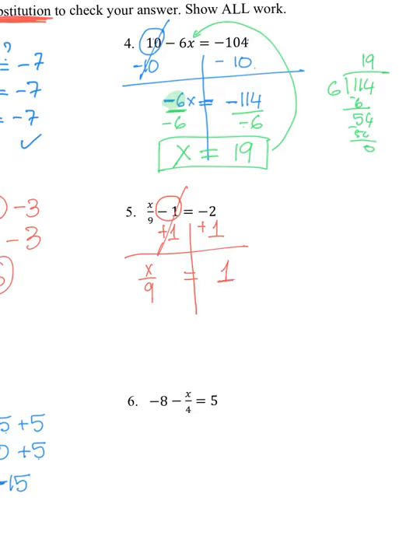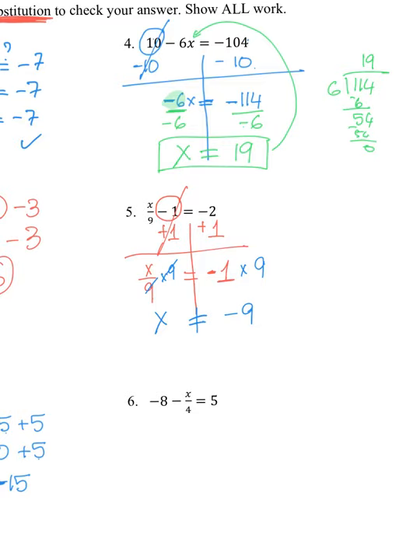Keep the sign of the higher number, so it's still negative. So x divided by 9, x over 9 is x divided by 9. What is the inverse of division? Multiplication. So 9 over 9 is just x by itself. Negative 1 times 9 is negative 9.